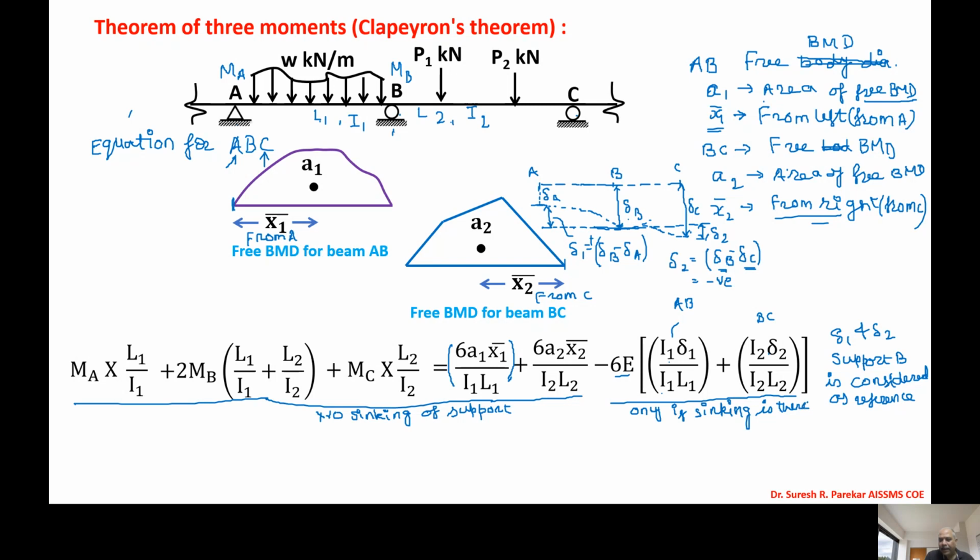Now next part we can see, if my value of I is constant, then I can write I1 is equal to I2.